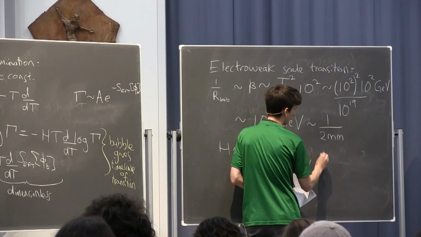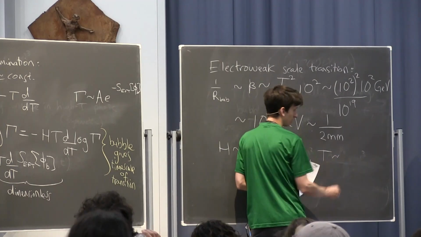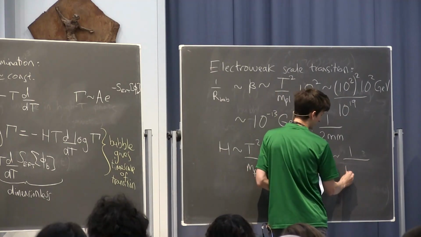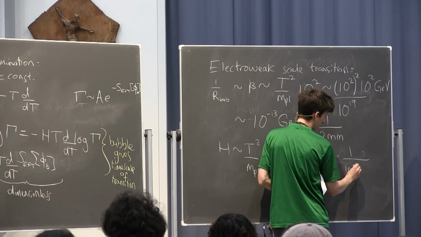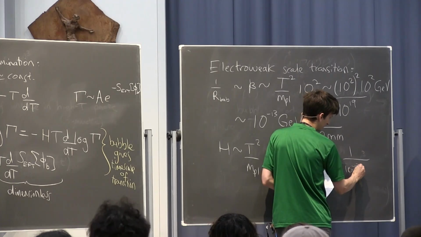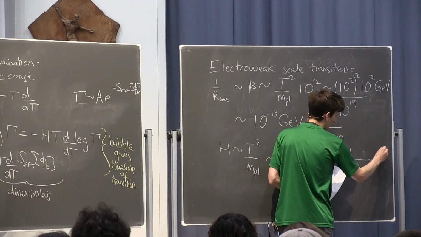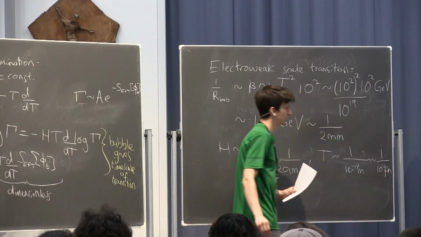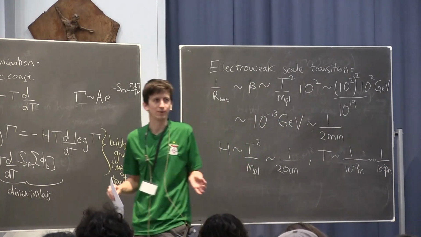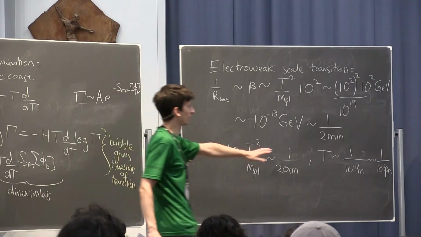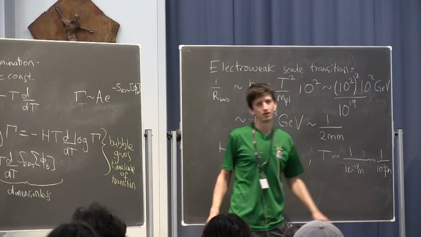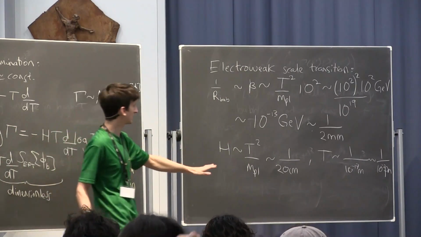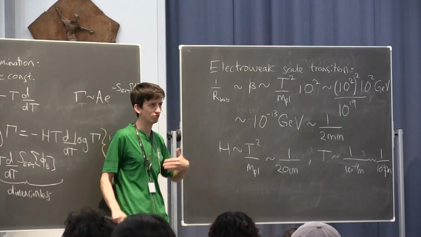For comparison, the temperature scale, which is 100 GeV, as a length scale is 10 to the minus 17 meters, or 10 to the minus 2 Fermi. So it's really microscopic. It's 100 times smaller than the width of a proton, right? So the microscopic scale is tiny, just as you'd expect it to be, but the bubbles actually collide really macroscopically.